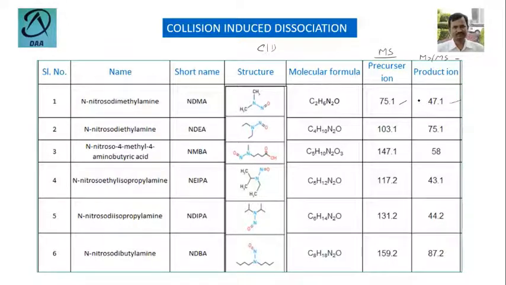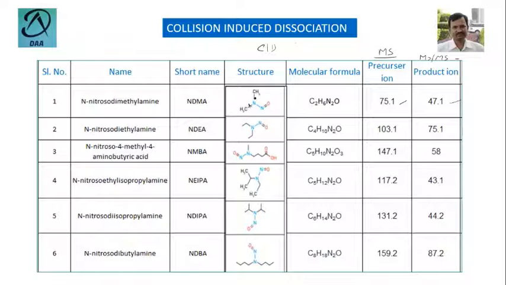Now one question will come: what does the CID method do to get the product ion? What is the calculation? Please see the structure for N-nitrosodimethylamine. You see that these two bonds are there. These two bonds have less energy compared to the other sigma bonds.